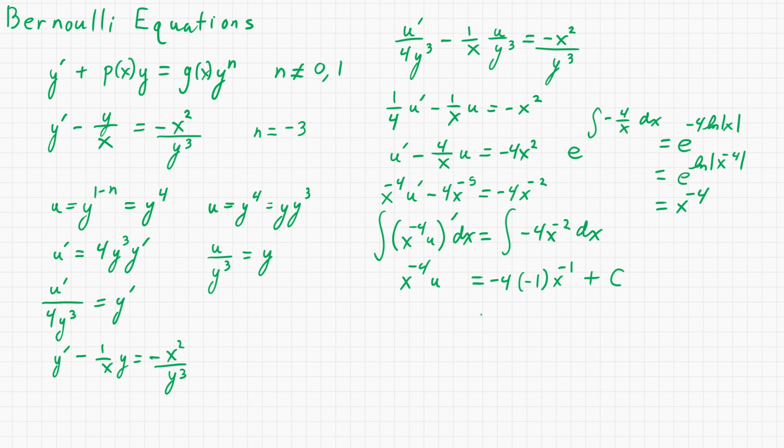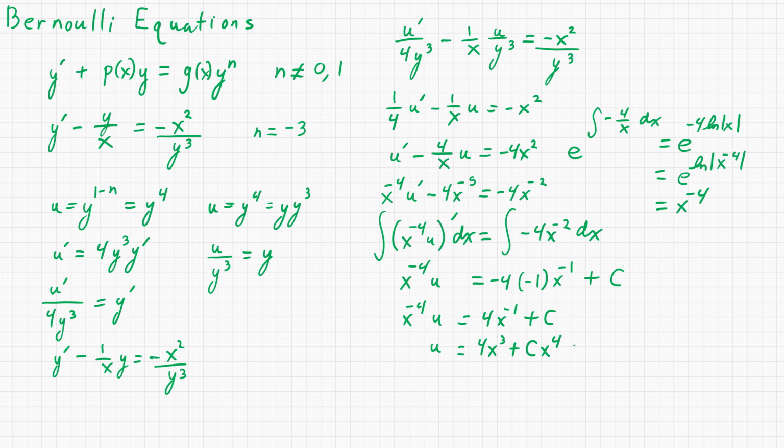All right, so let's simplify that. We have x to the negative 4 times u equals positive 4 x to the negative 1 plus c. Then let's multiply everything by x to the positive 4 to get rid of the x to the negative 4 here. So we end up with u equals 4x cubed plus c times x to the 4th.